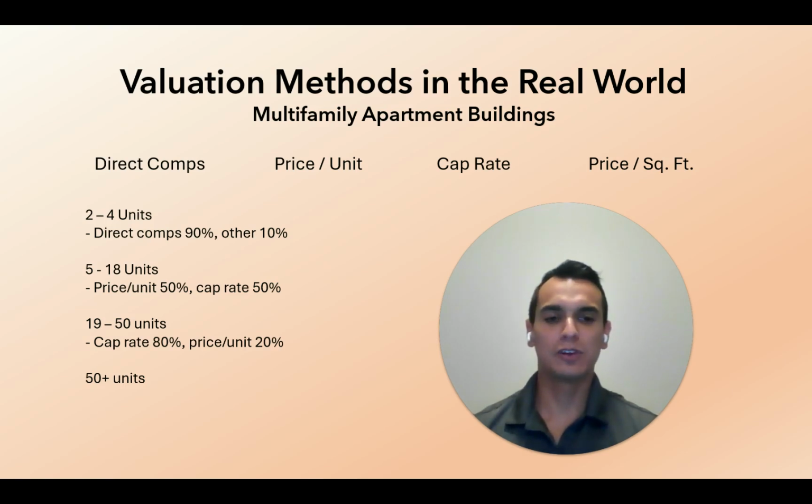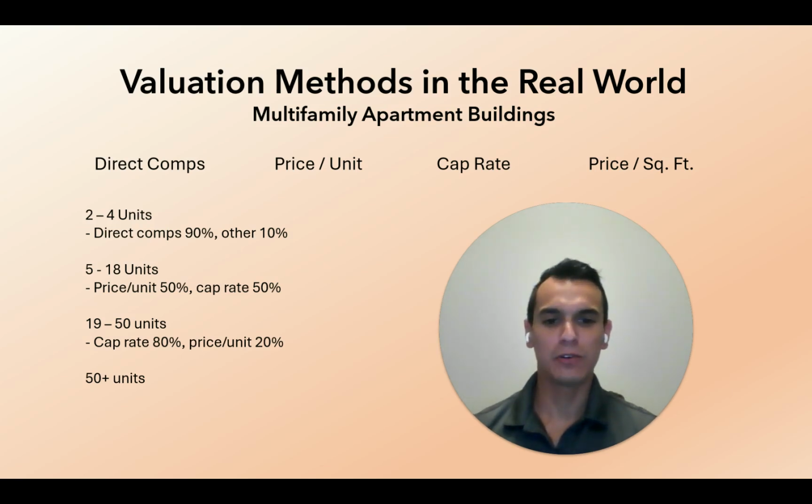Now, if you have a 6 unit and you have a single vacancy, that's like 17% of your revenue just wiped until you can find a replacement tenant. And so your cap rate, your NOI can fluctuate greatly the less units you have.